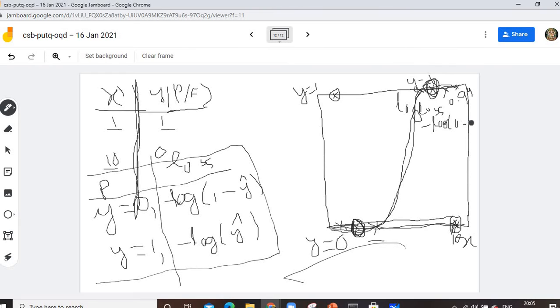What is the minus log of 1? What is log of 1? Log of 1 is always 0, yes or no? Those who know mathematics very well can see that the log of 1 is always 0, so it gives 0. My loss is 0 here.